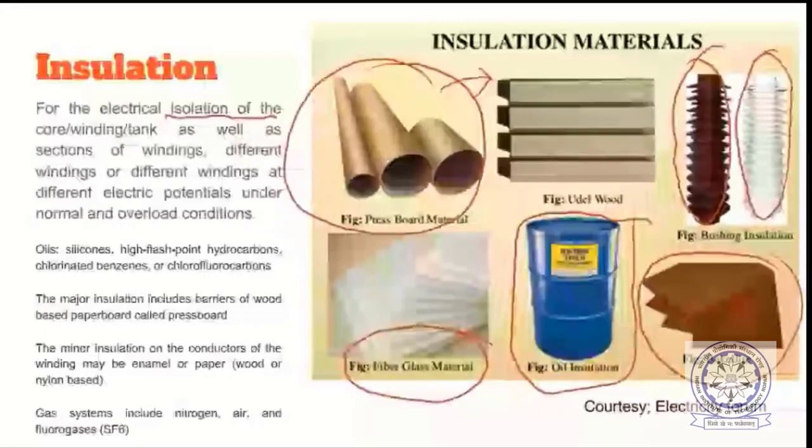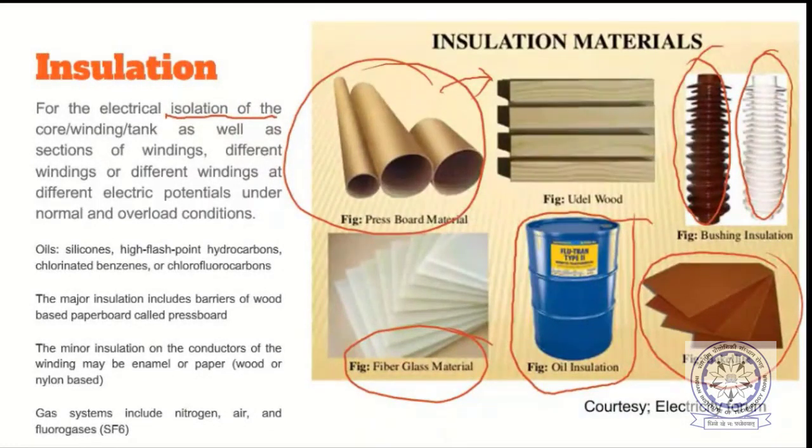Because they will be at a potential gradient actually. If they touch, that will be short circuited, right? Therefore, there should be insulation above the winding layers also, or the conductors also. So this is the main need of insulation.